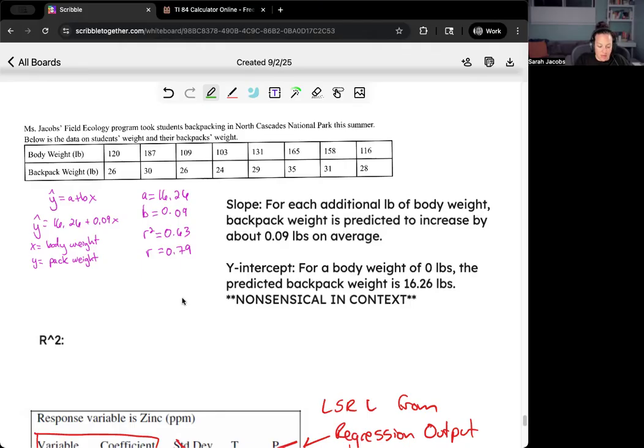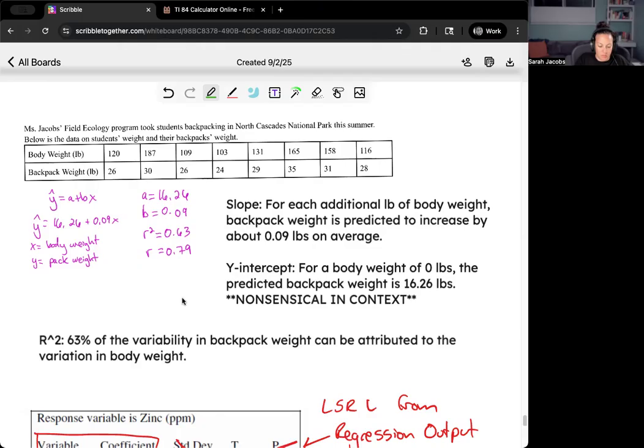So we'll say that 63% of the variability in backpack weight can be attributed to the variation in body weight, right? So some of the differences in these backpack weights is due to the different body weights, about 2/3.